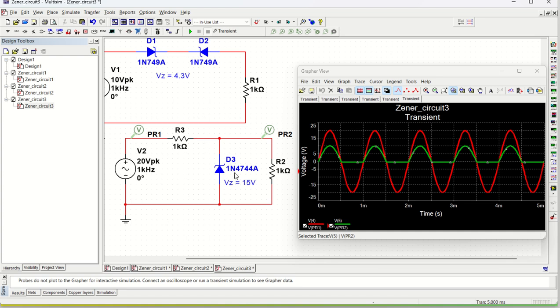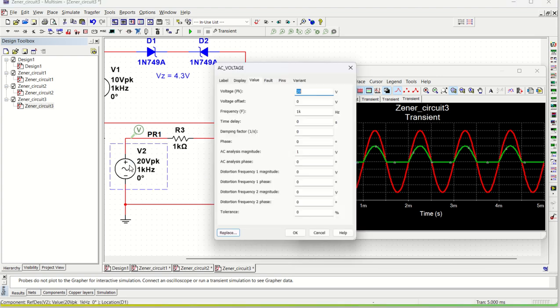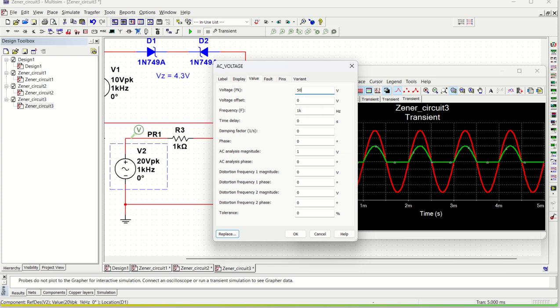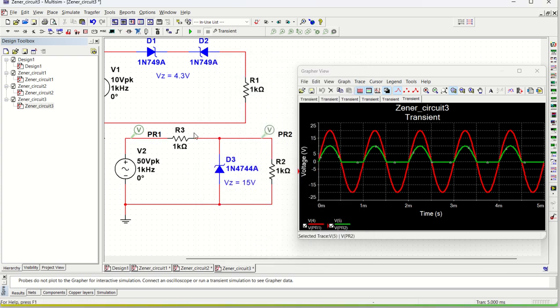Now, if you want to make it on, the voltage at this node must be more than 15. So let us say I'm going to make it 50 volt. 50 by 2, that is 25 volt. So 25 will come here, but the Zener diode will be in the picture and it will limit it to 15 volts. So let us run it.